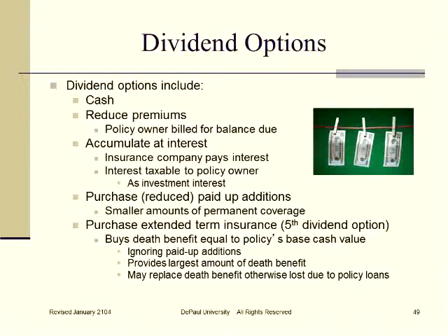Now, sometimes that's a good idea, sometimes it's not. But that's what the 5th dividend option is. And it's always 1-year term insurance equal to the cash value. So pay attention. The 4 other dividend options would be cash, reduce the premium, accumulated interest like a savings account, or buy additional paid-up insurance.